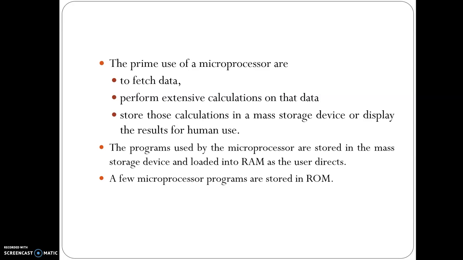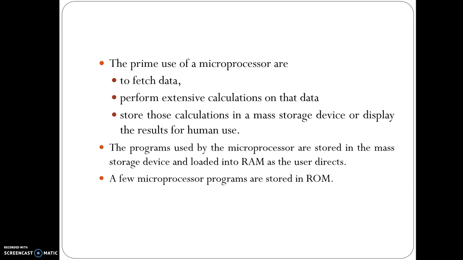The prime use of the microprocessor is to fetch the data. The data is saved on the external memory. There is no internal memory for the microprocessor, so the data will be fetched from the external memory. Second task, to perform the calculation on the data.